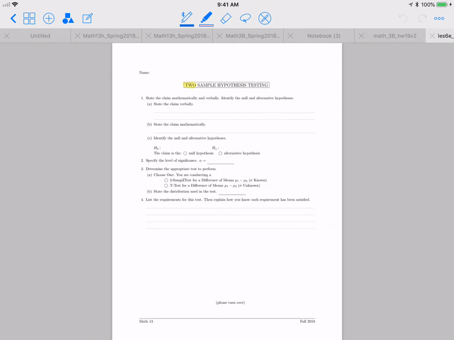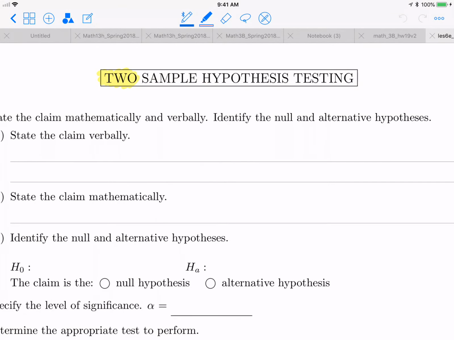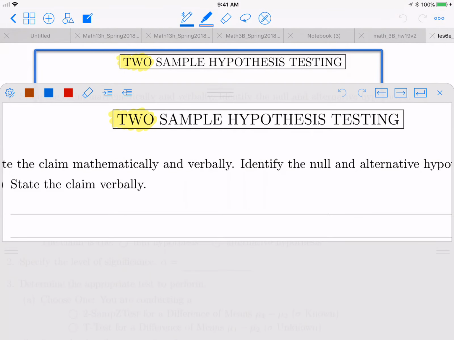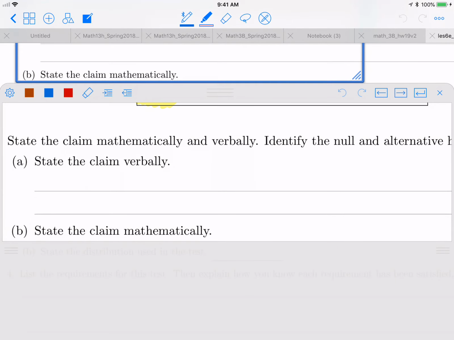So the claim, verbally, is that the average cost in Texas is less than the average cost in Virginia.